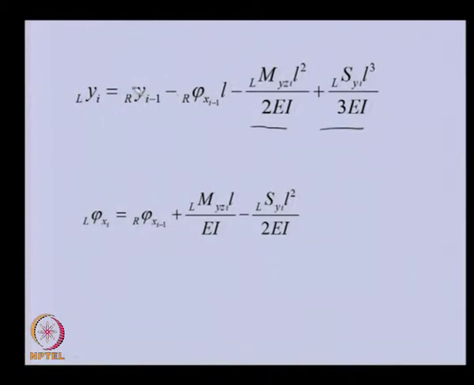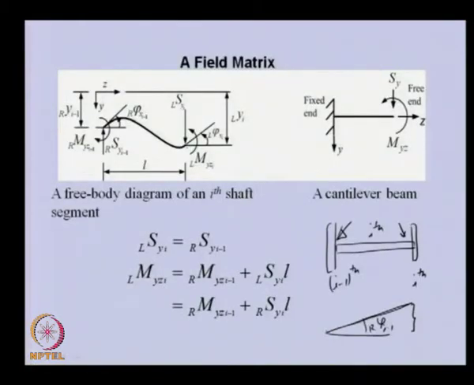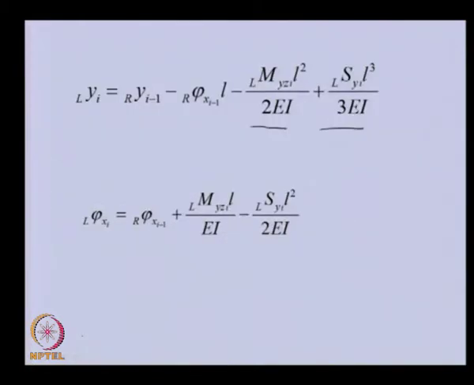So, you can see that the total displacement of the left of ith disc, that means this disc, is the summation of 4 components. One is the linear displacement of the right side of the I minus 1 disc, then the angular displacement of the right of I minus 1 disc, bending moment and shear force.